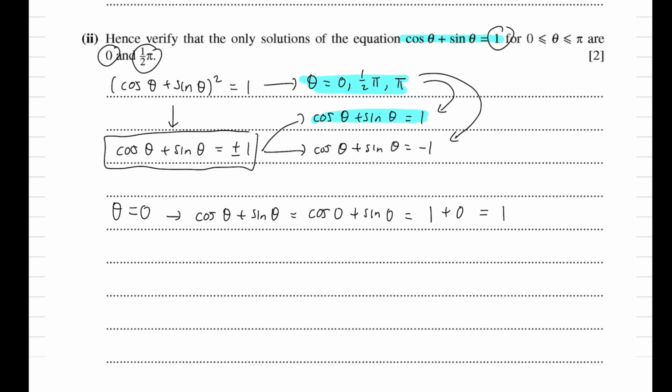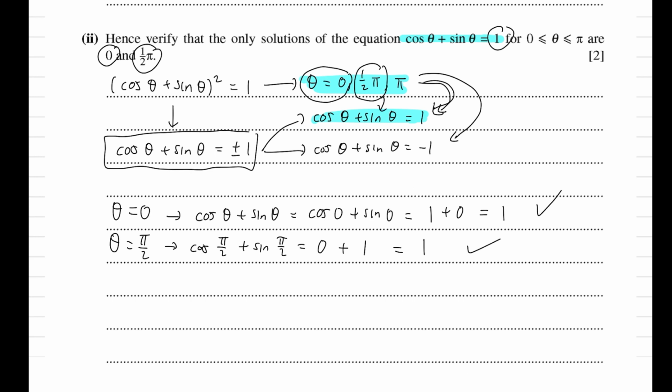That means theta equals 0 belongs to this one. For theta equals pi over 2 or 90 degree, you substitute cos pi over 2 plus sin pi over 2, which equals 0 plus 1, since cos 90 degree is 0 and sin 90 is 1. So 0 plus 1 is 1, which also equals 1, and belongs to the first category. So 0 and 1/2 pi belong to this.